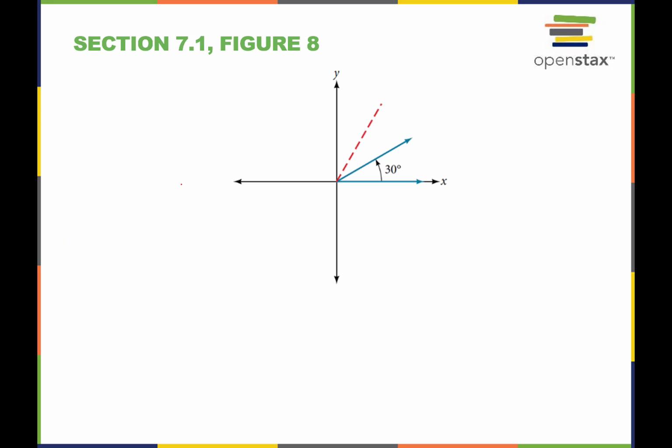Okay, so we're going to do 2 examples of how to draw angles in standard position. So the first example is we're going to draw an angle of 30 degrees in standard position.